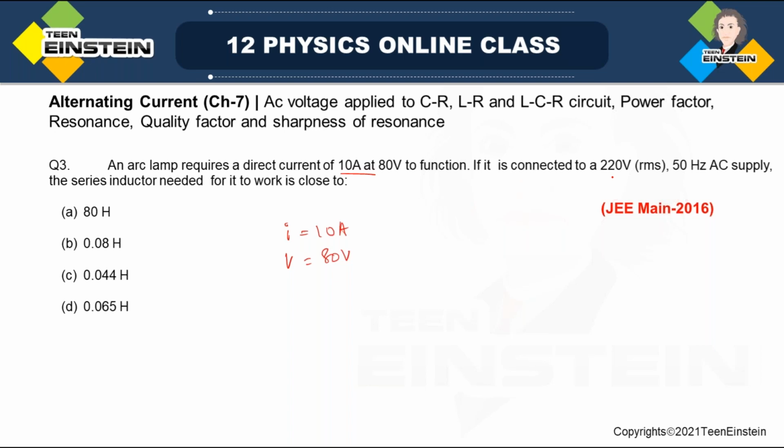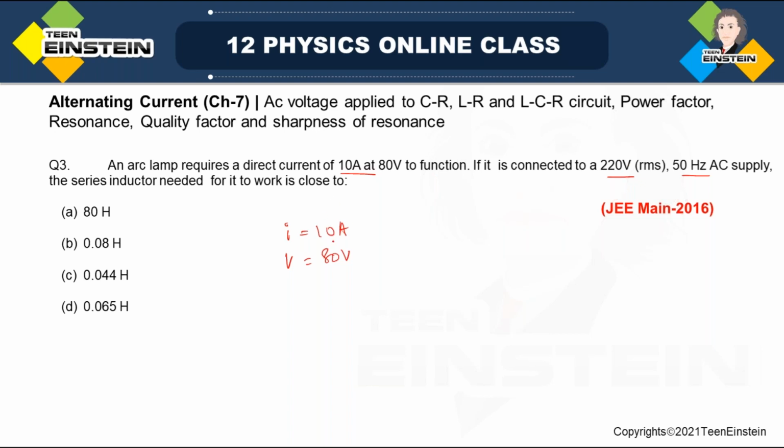If it is connected to a 220 V RMS and 50 Hz AC supply, what is the inductor needed in series for it? If you want to light this lamp, how much inductor do you have to put in series with the 220 volt RMS supply?